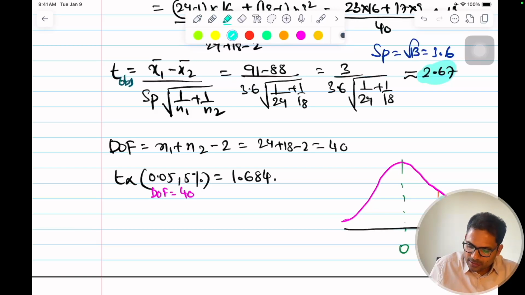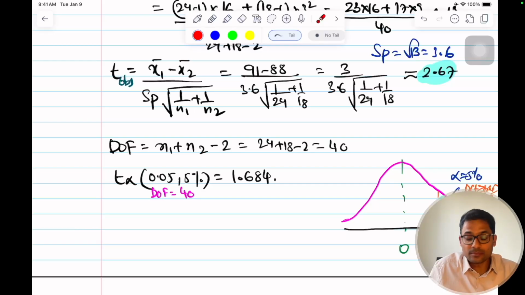This is my rejection region, where alpha is equal to 5%, and this is your P value, the probability of observing T greater than or equal to T observed. This value is definitely less than the critical value, or the area under the curve is less than 5%.